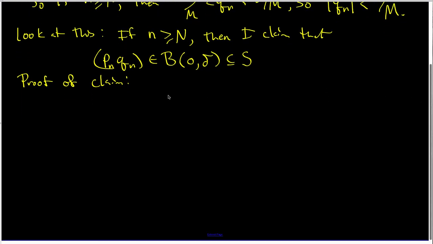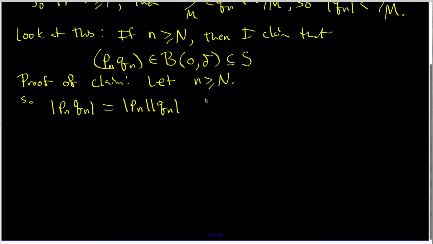Well, let's see. We are going to let little n be bigger than or equal to capital N. I'm going to look at the absolute value of Pn times Qn. Now the absolute value of Pn times Qn is just the absolute value of Pn times the absolute value of Qn. That's a property of absolute value.